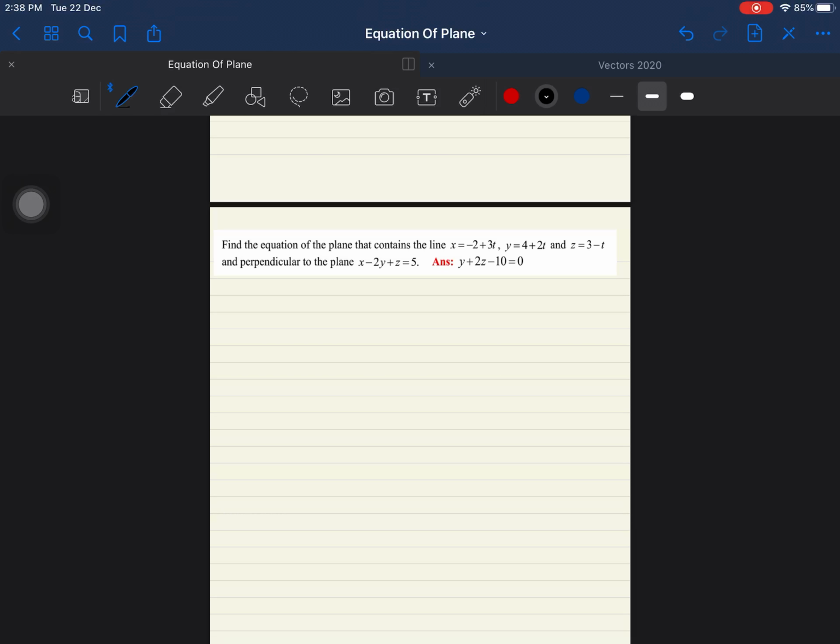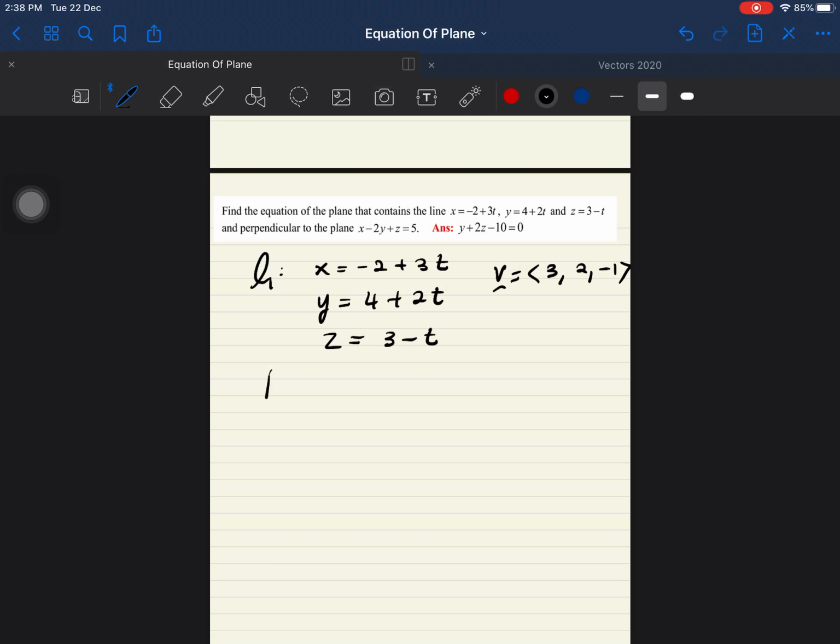So from this equation of line, okay, saya labelkan dia sebagai L1 lah. Okay, you have x is equals to negative 2 plus 3t, y equals to 4 plus 2t, z is equals to 3 minus t. So what is your vector here? Your v is equals to (3, 2, negative 1).